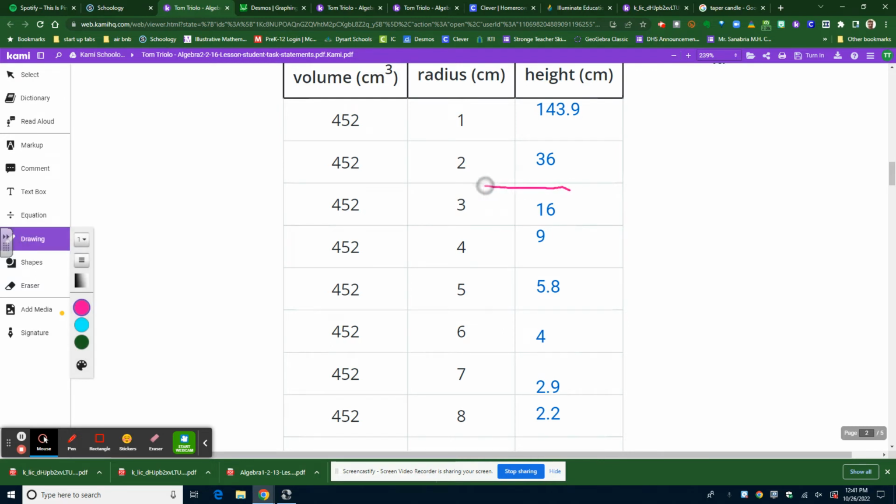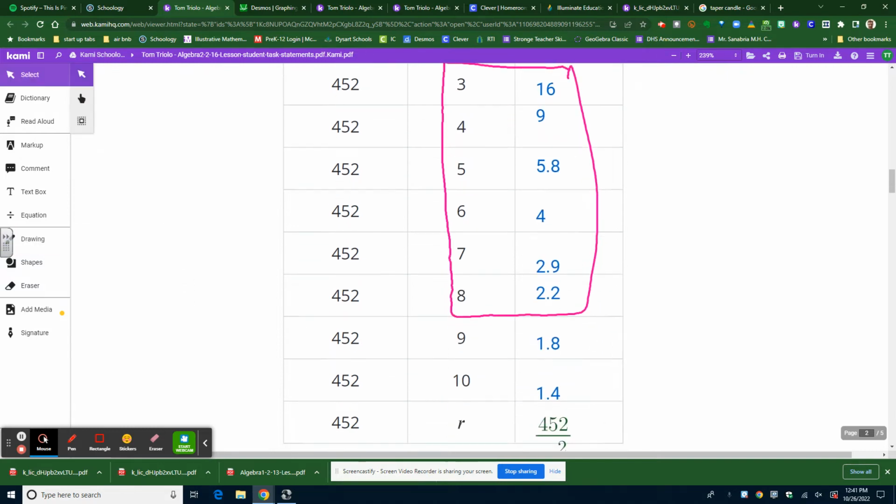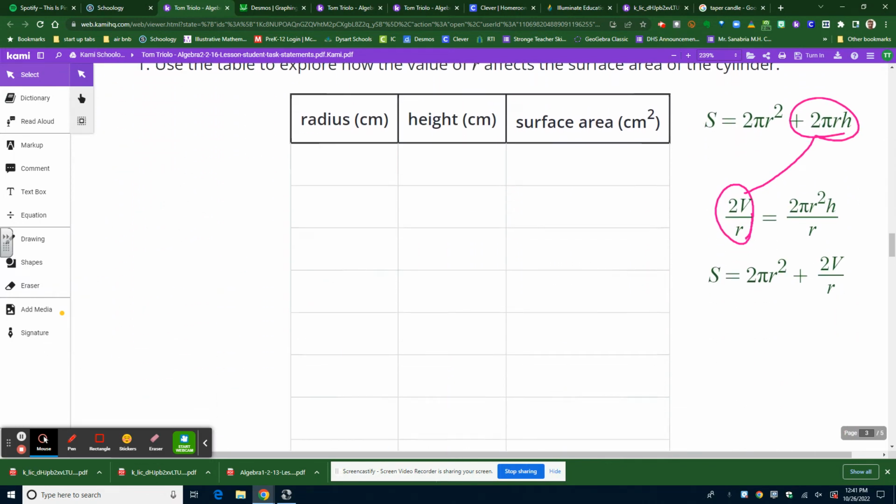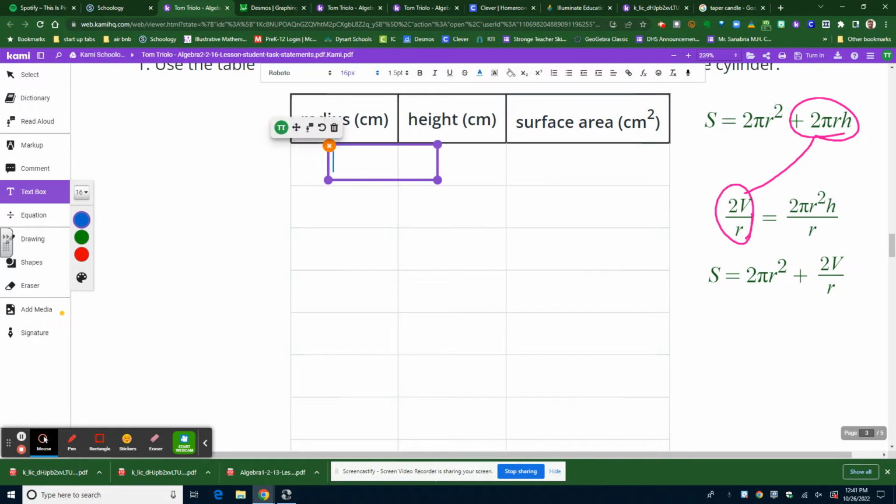Let's say just 3 down to 8. Okay? So fill in the table. You're going to retype those numbers. So for the radius and the height, down here. Okay? So starting at 3, we got 3, 4, 4.5, 5, 6, 7, 8.